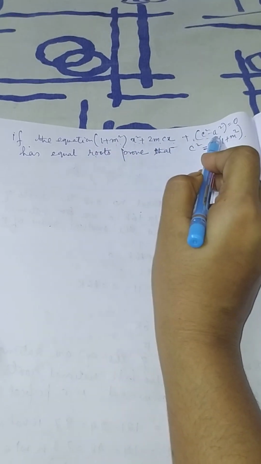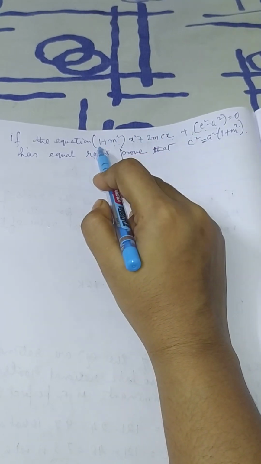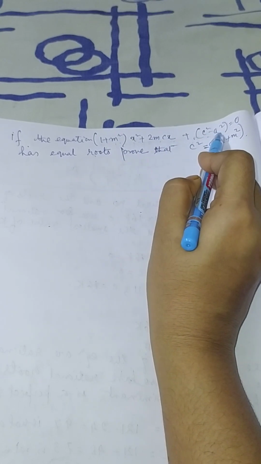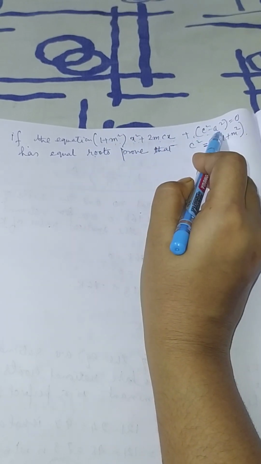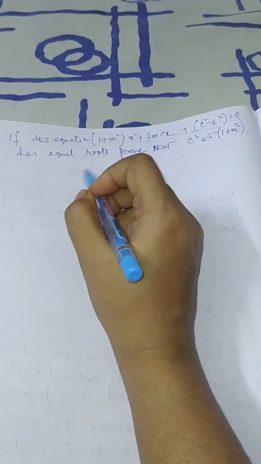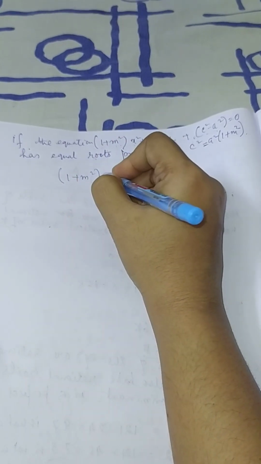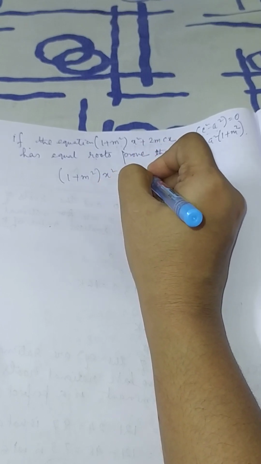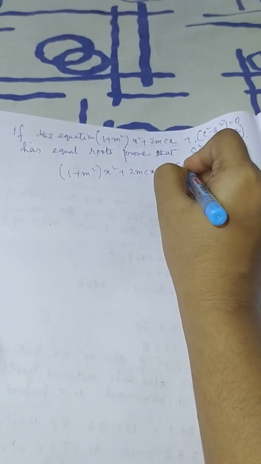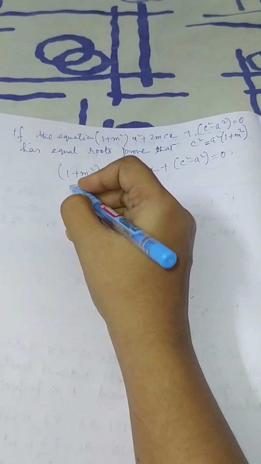Now look at this equation. It has been given that this quadratic equation has equal roots, right? So first of all write down the quadratic equation. 2mcx plus c square minus a square is equal to 0.